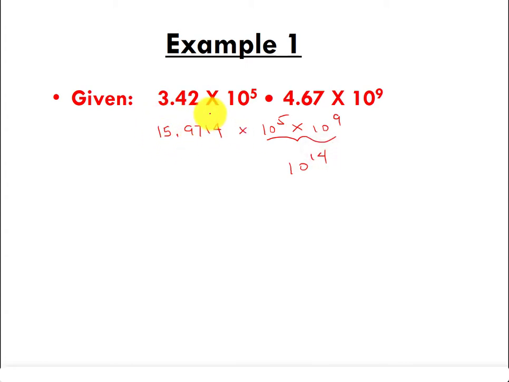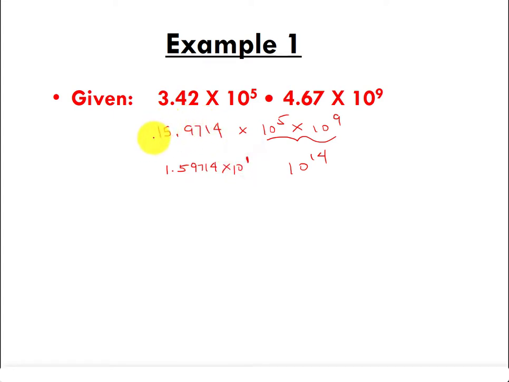Alright, this is not in scientific notation. We want our A to be between 1 and 10. This is 15. So we need to move our point between 1 and 5. So I have 1.59714 times 10. We move our point once.